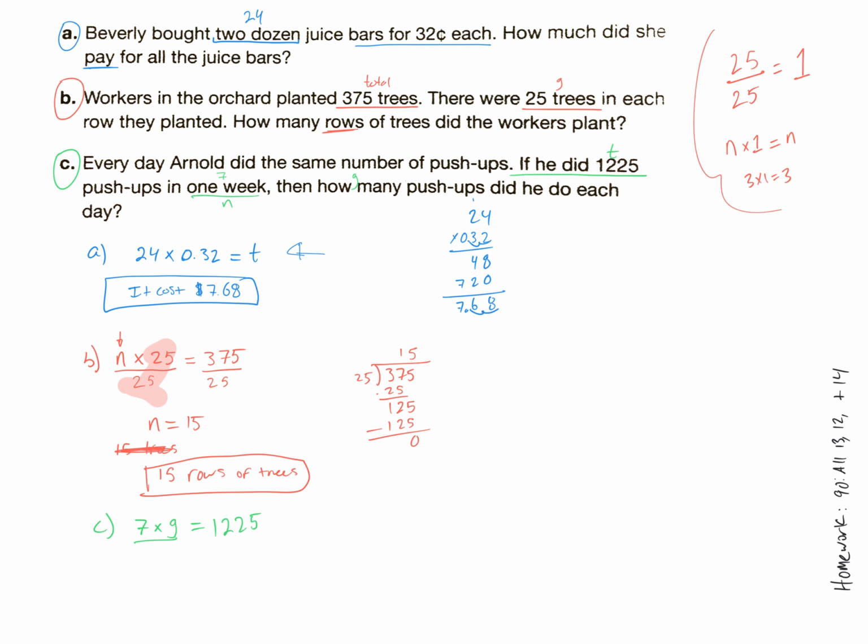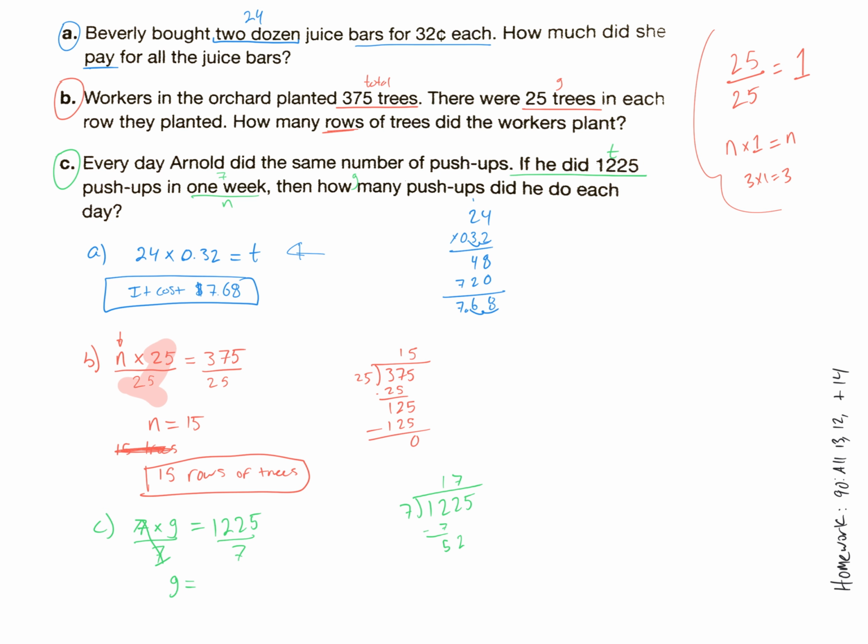Do something similar to what we did in part B. I'm going to divide by 7. This 7 and that 7 become a 1. 1 times g is just g. Then I just need to divide 1,225 by 7. It goes in 1 time. Get 5. Bring down the 2.